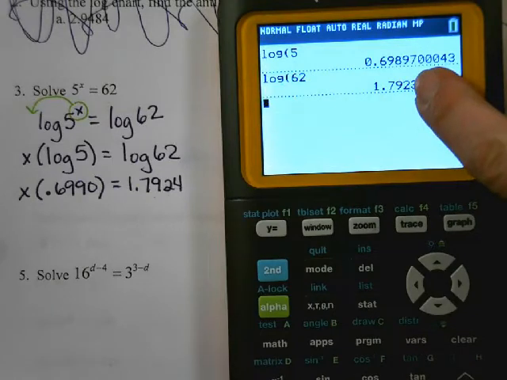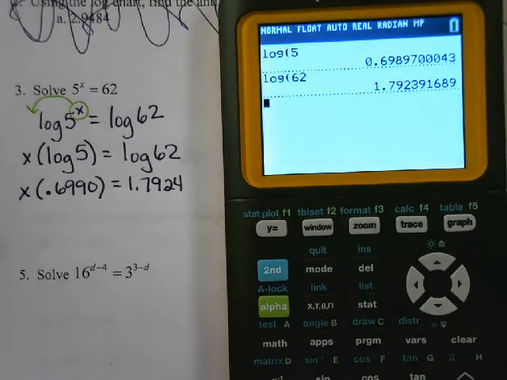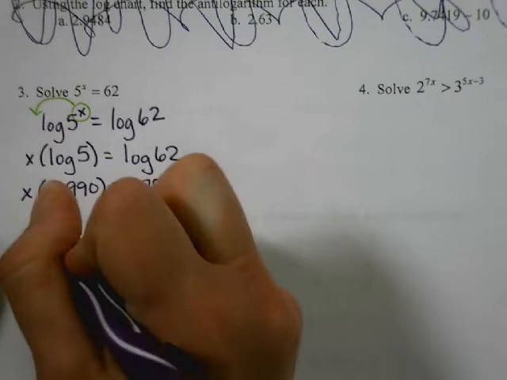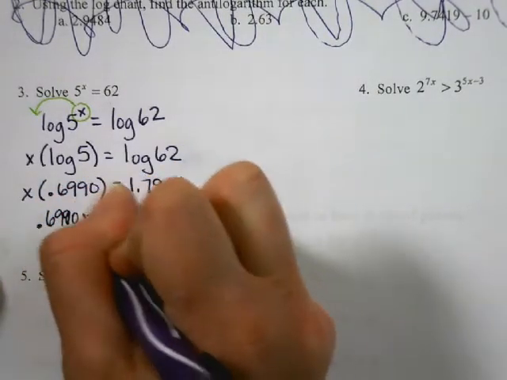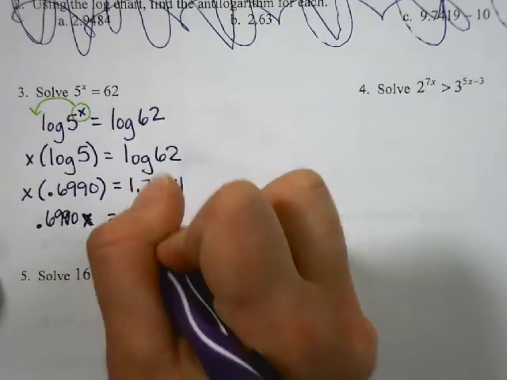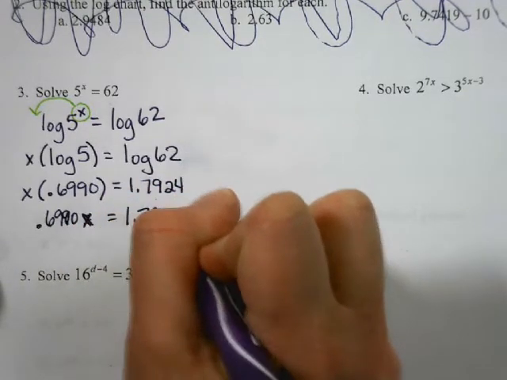Bless him. We just turned this into an Algebra 1 problem, right? Because now I just have this decimal of 0.6990x equals 1.7924. How do I solve for x?